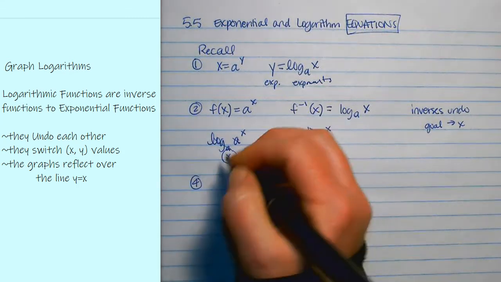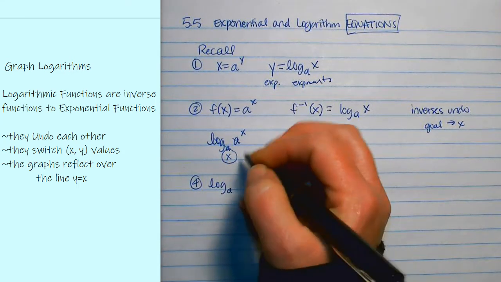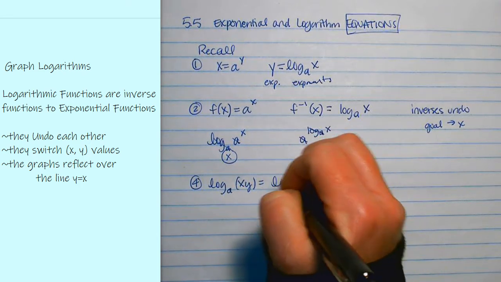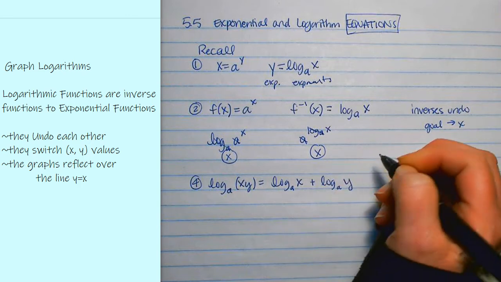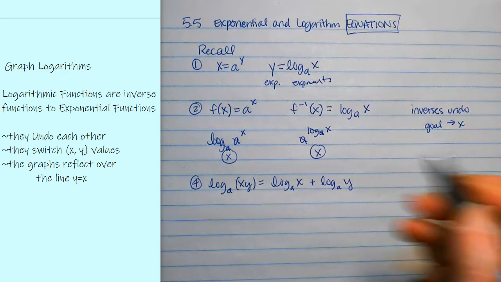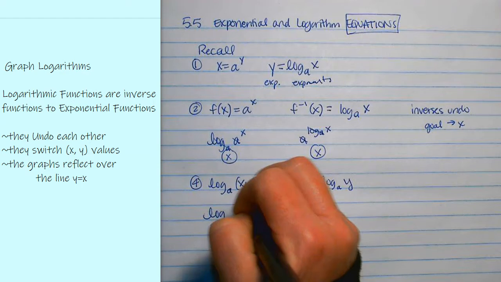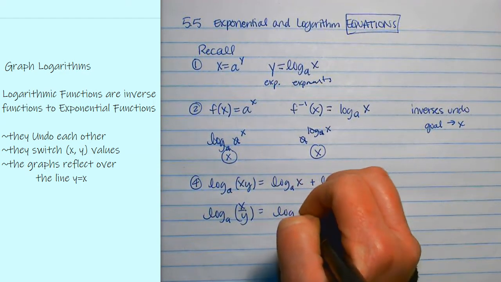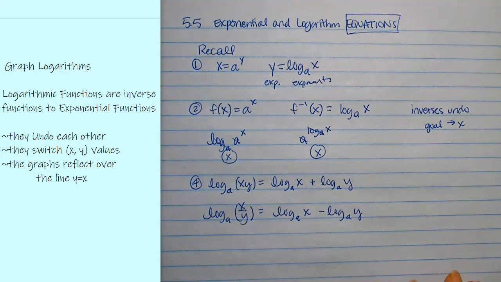We learned that log base a of xy equals log base a of x plus log base a of y. And same thing with division. So we learned log base a of x over y is equal to log base a of x minus log base a of y.